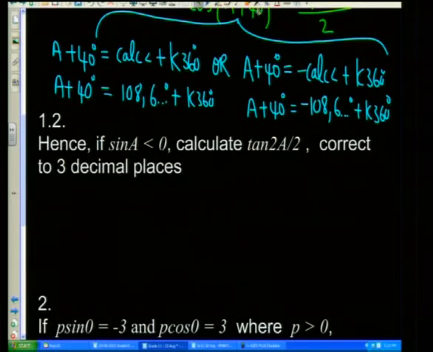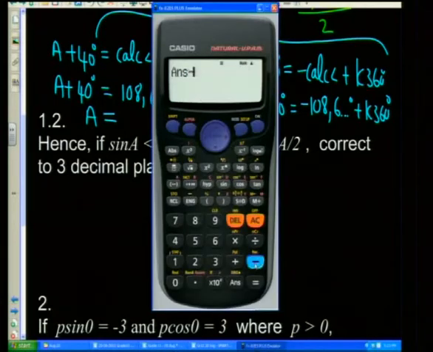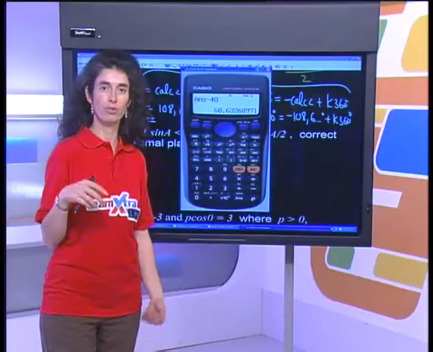Now we're ready to solve for A. Can you see how earlier we weren't able to solve for A because 40 degrees was part of the angle? Now that we've got the angle out, we can take 40 degrees away from there. So we get that minus 40 degrees, which is equal to 68.3. Angles are usually rounded off to one decimal place if you're not given any instruction.